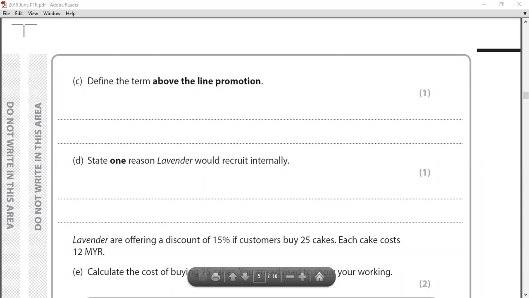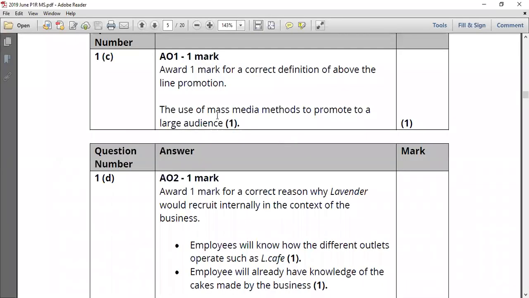I'll show you the marking scheme. The use of mass media methods to promote to a large audience. The keywords are mass media, large audience. Then only you can get the 1 mark. That idea must be there in your answer.